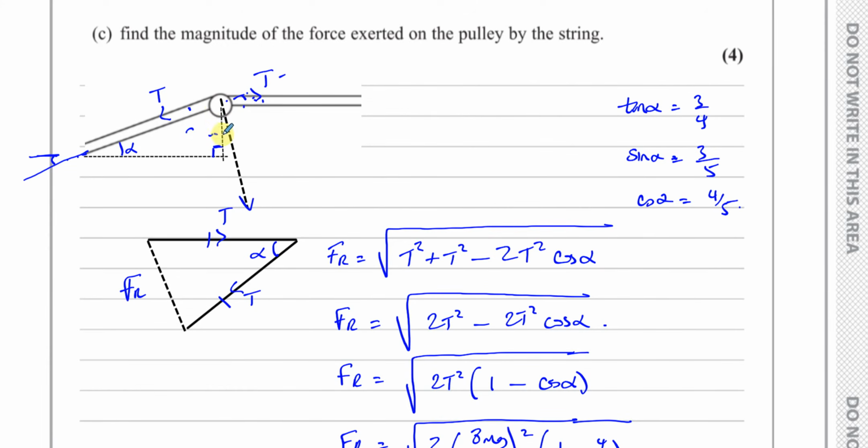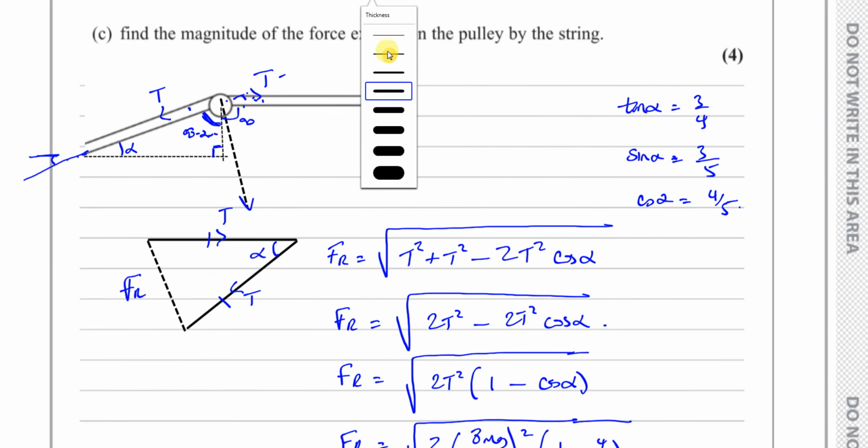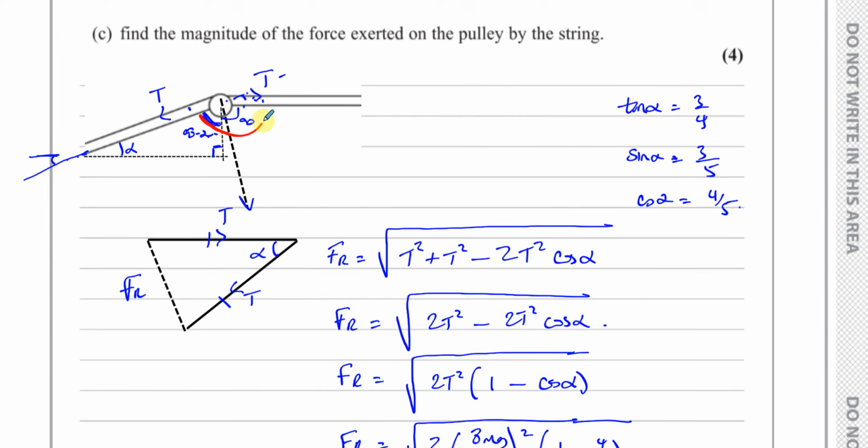I know this angle here, from there to there, is 90 minus alpha, and I know this angle here is 90. So the whole angle from here to here is going to be 90 plus 90 minus alpha, which is 180 minus alpha. That's the whole angle here.